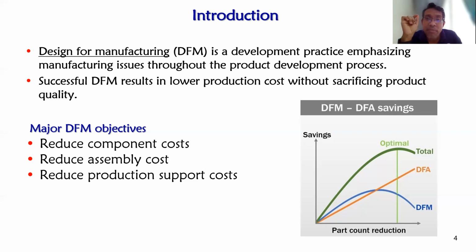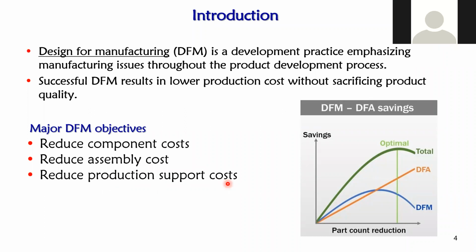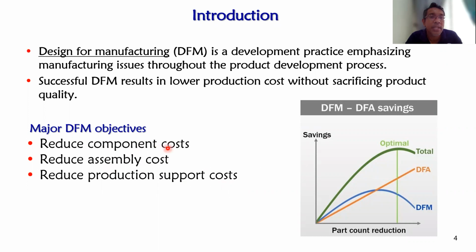DFM is one effective method for achieving low cost manufacturing without sacrificing any quality issues. The major objectives we can simplify for DFM are to reduce component cost, reduce assembly cost, and reduce production support cost. When we do the design, of course we design the components, and after that we need to assemble. So we can tackle both to reduce cost.